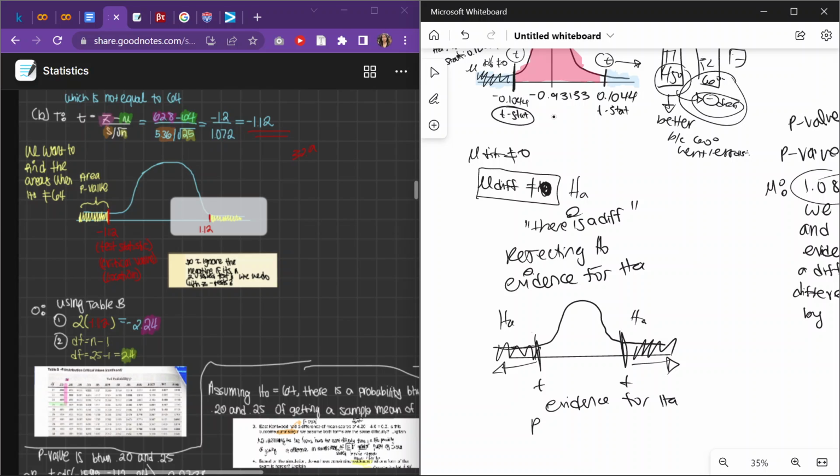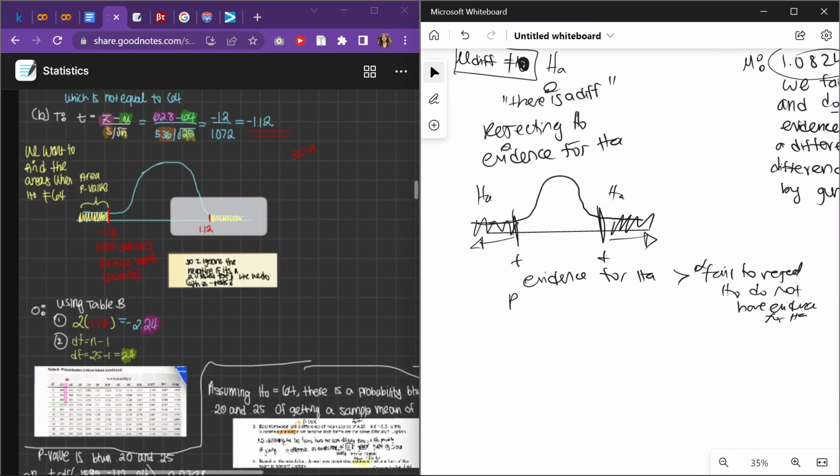And if that probability is greater than alpha, then we fail to reject H0 and do not have convincing evidence for HA. It's another perspective, not of a rejection region for H0, but just finding evidence for HA.